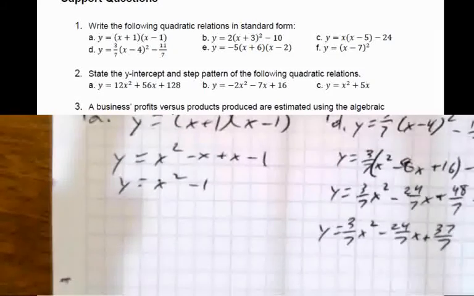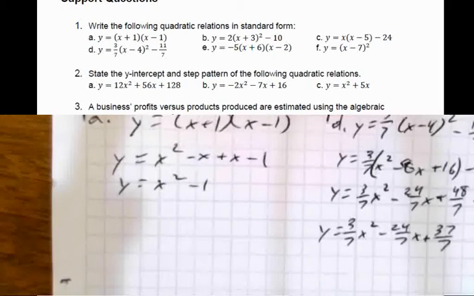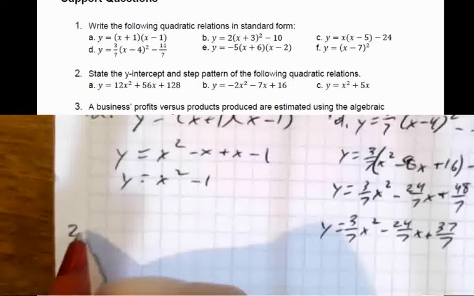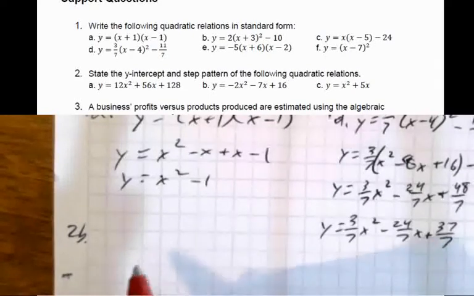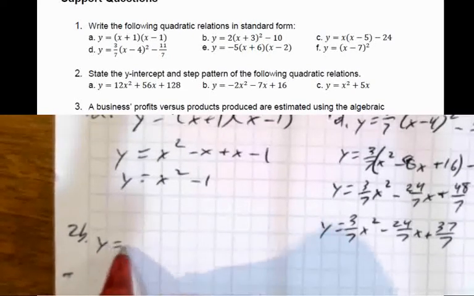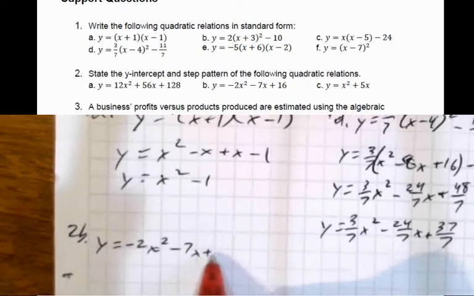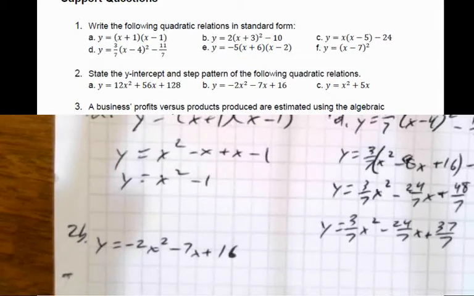So let's look at, I'll do 2A. It says to state the y-intercept and step pattern of the following quadratic relations. Actually, I'll leave 2A for you. I'll try 2B. In this case, we have y equals minus 2x squared minus 7x plus 16. So the y-intercept comes from here.